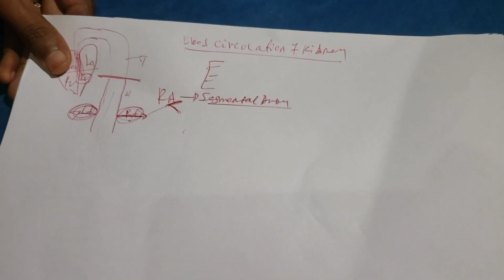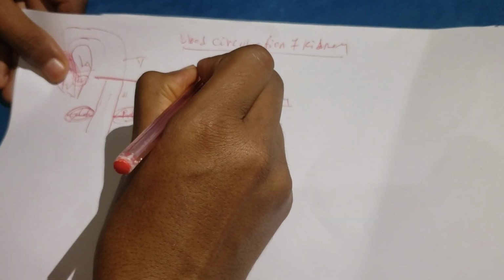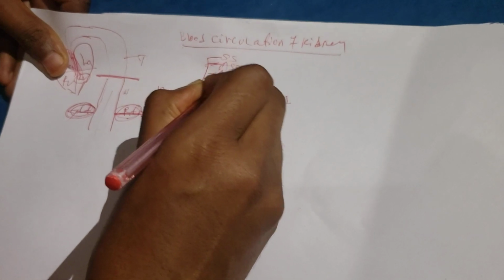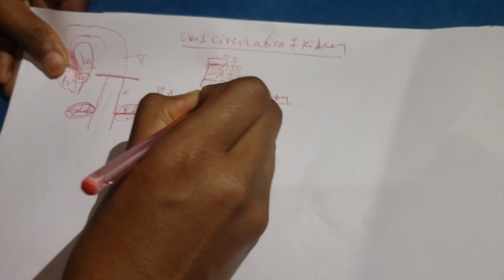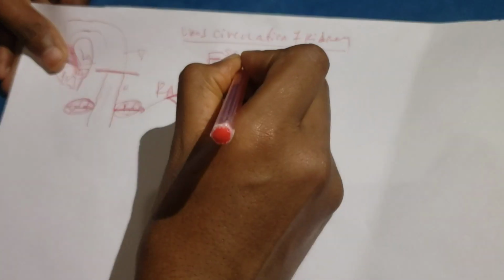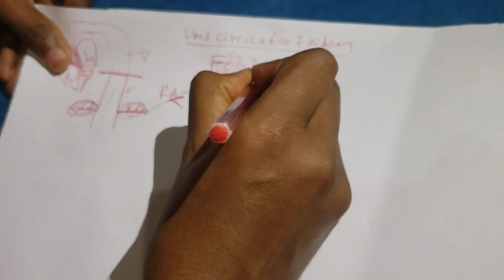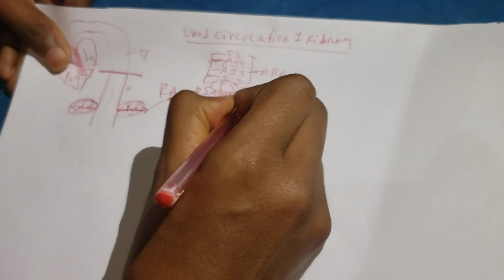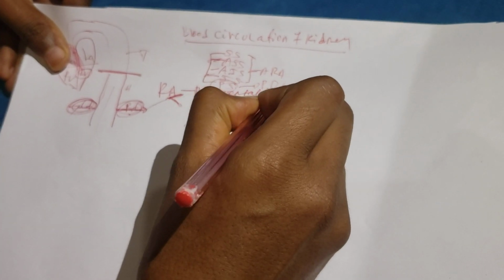By the way, there are 5 segments of the kidney. This is the superior segment, anterior superior segment, anterior inferior segment, inferior segment, and posterior segment. The first 4 segments are supplied from the anterior branch of the renal artery, and the posterior segment comes from the posterior branch of the renal artery.